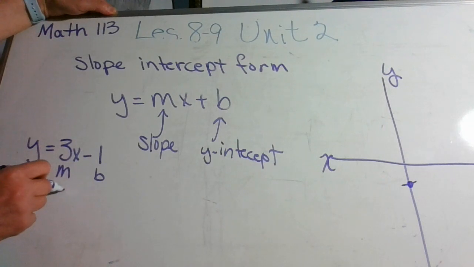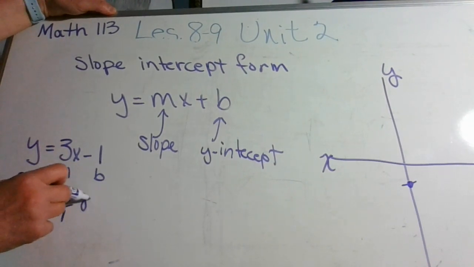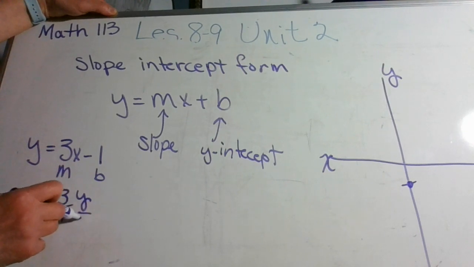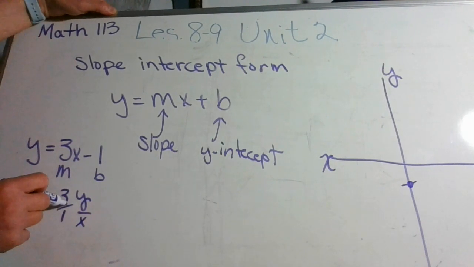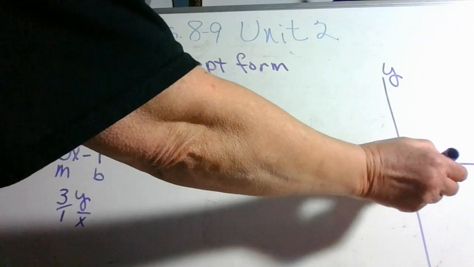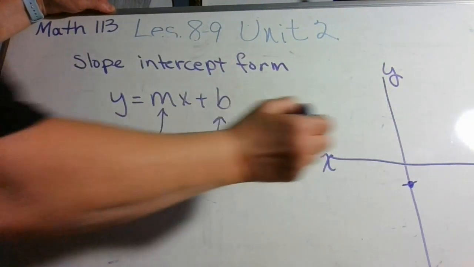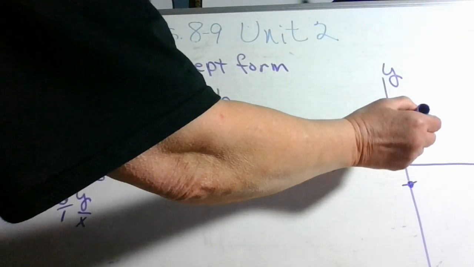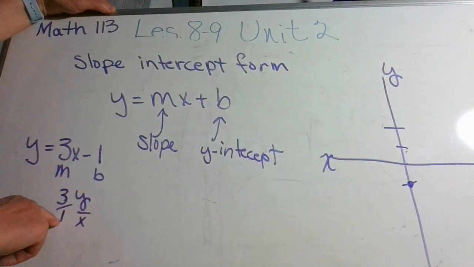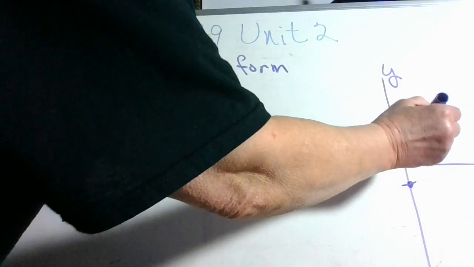M, which is the slope, is 3 over 1. The 3 is the y value. The 1 is the x value. So from this point, the y goes up 3, 1, 2, 3, and to the right 1.